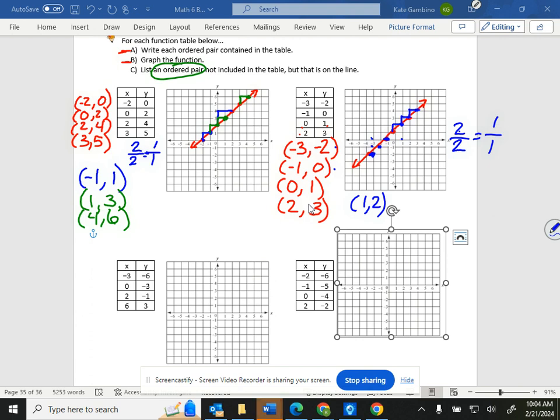Yeah. So 1 is the X line. So did you go here and then over? Yeah. So we want to make sure it's not this point because that's our up and over. So when we do that rise, we have to do the run to get it. So you have to make sure that it's a point on the line.